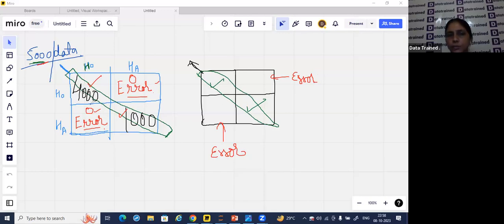Okay, so right now, zero error, zero error. So here I'm saying zero error, because all the 5,000 rows are calculated here only. So 4,000 here and 1,000 here.